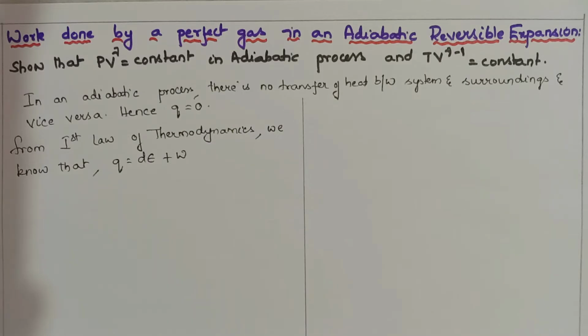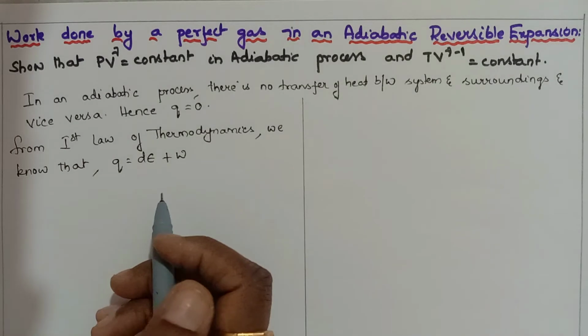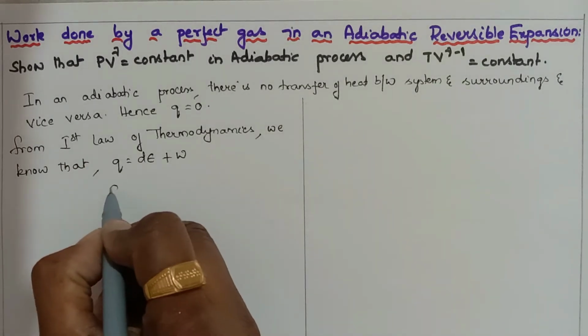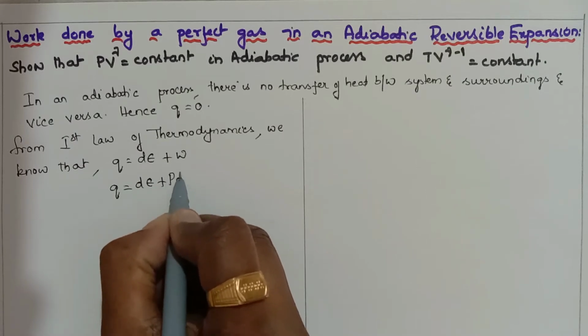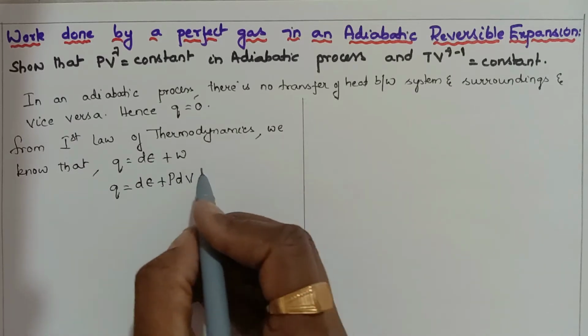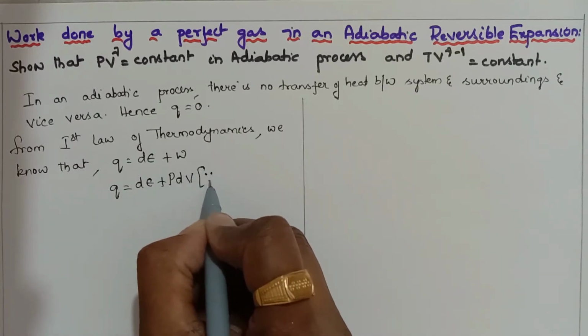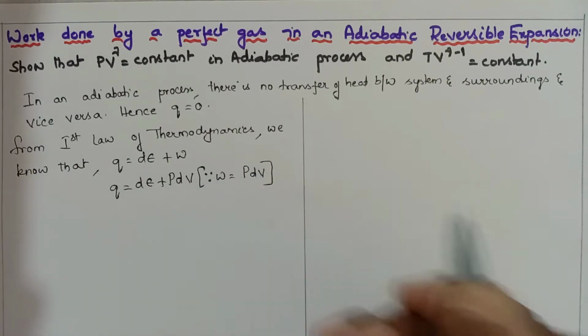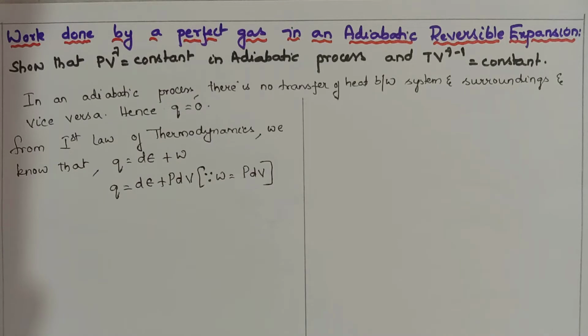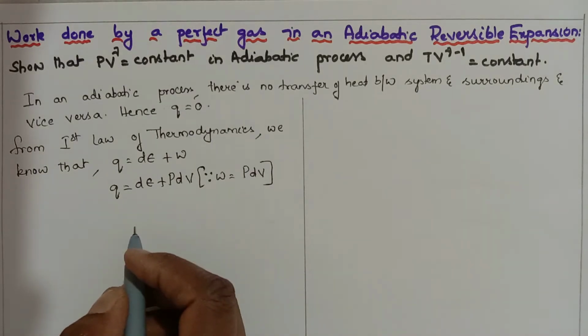Do you remember? From first law of thermodynamics, we know that the expression for Q is equal to dE plus W. Now, from this expression, we can write Q is equal to dE plus PdV. Why? Because W value is PdV. W is equal to PdV. Put it in brackets so that it will be easy for you to understand.